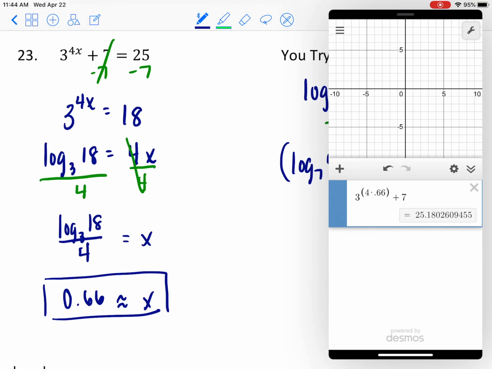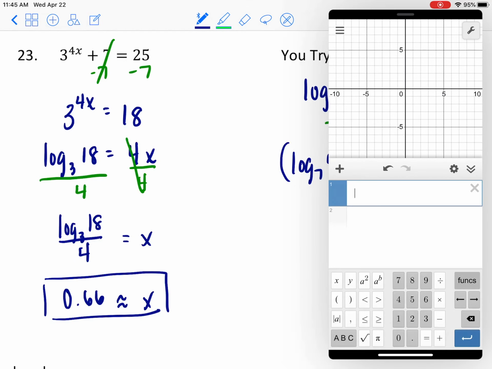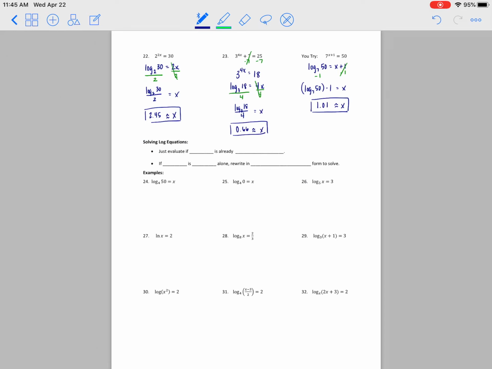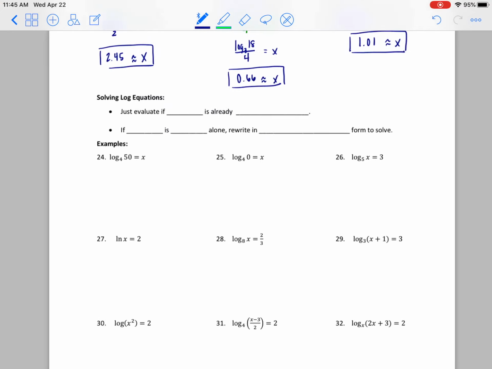So I have my log base 7 of 50, and from that decimal I am subtracting 1. So that is my exact answer. Approximately how much is this? Let's find out. So my log base 7 of 50, and then afterward I want to subtract a 1, so it's about 1.01, approximately 1.01.